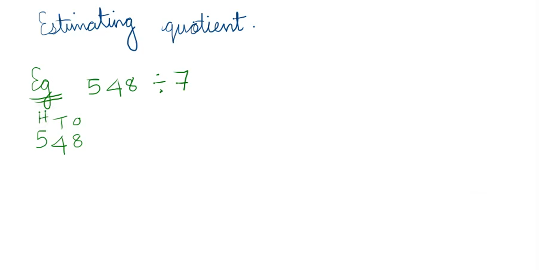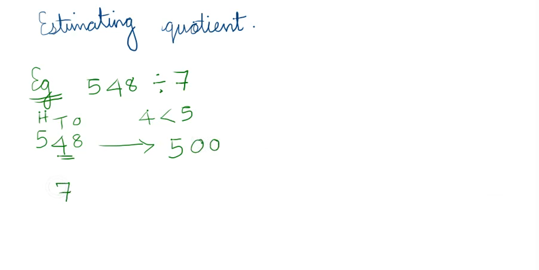So I will have to round off the given number to the nearest hundreds place, which means I will have to look at the tens place. So my tens place is less than 5, which means my hundreds place would remain the same, and I will be replacing my tens and the ones place by 0.